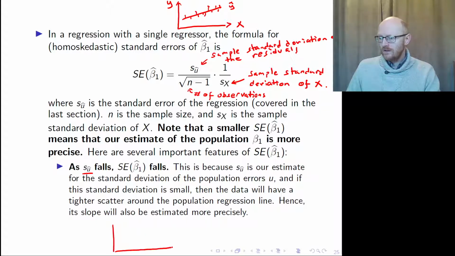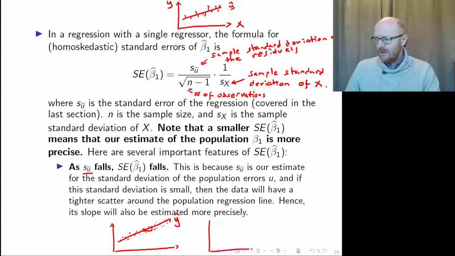You can see that because if you have a very small standard deviation of the residuals, then you're quite certain where this regression line goes.